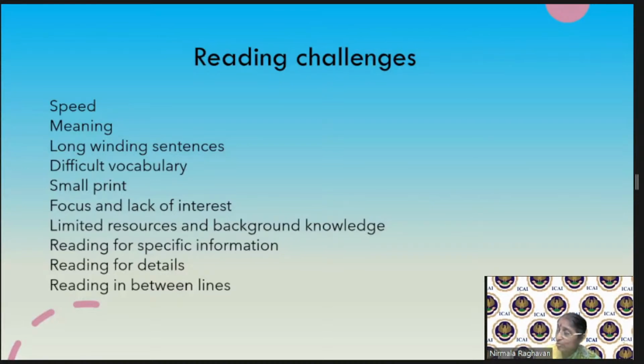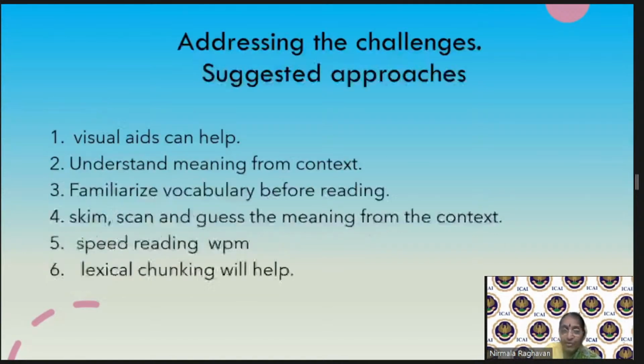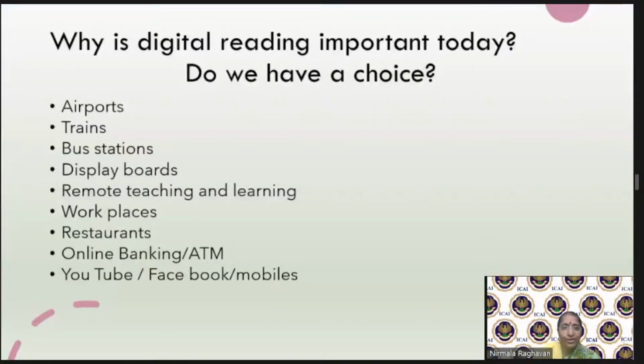Reading in between lines, you must know how to read in between lines. Although it is not in print, you should be able to read, understand, and then make your own conclusions about what the passage is. So visual aids can help understand. So these are not going to help for your exam because you don't have them in your exam.